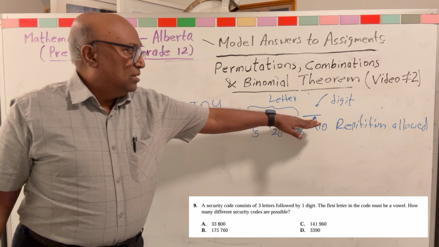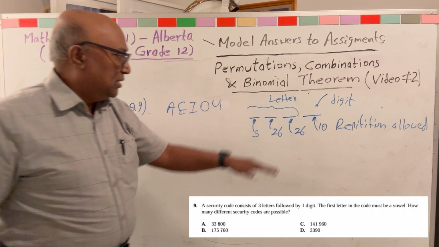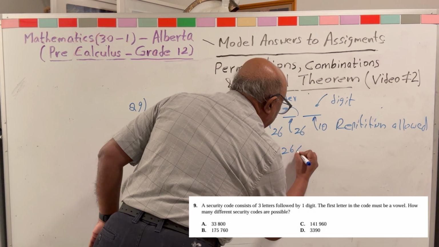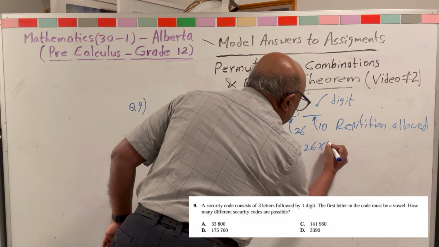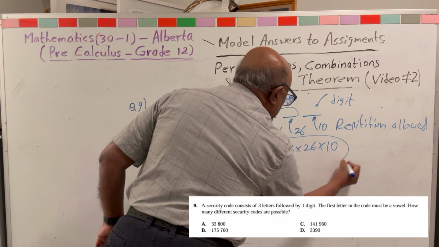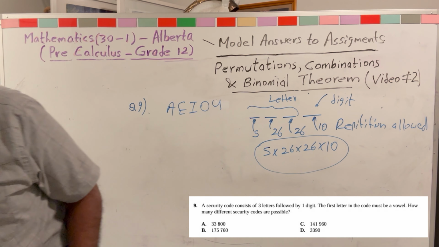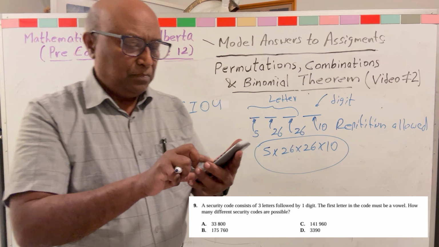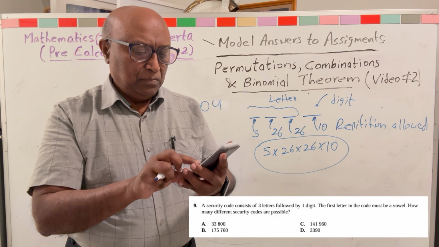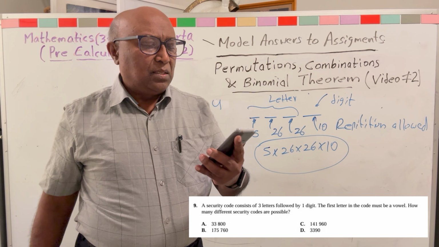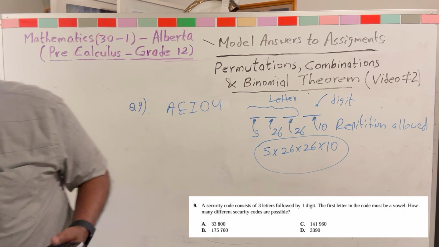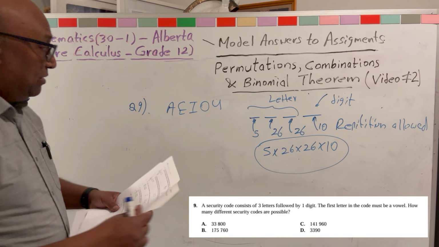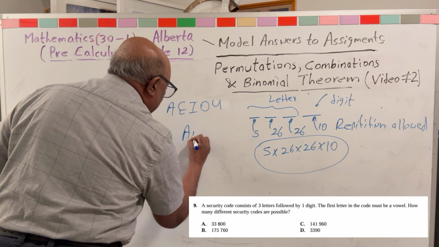The overall answer is the multiplication of everything: 5 times 26 times 26 times 10. Let's calculate this number. It is 33,800, which means answer number A.